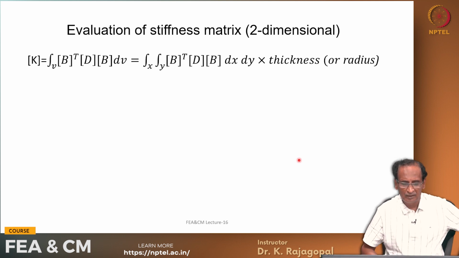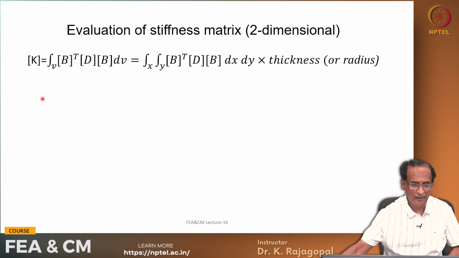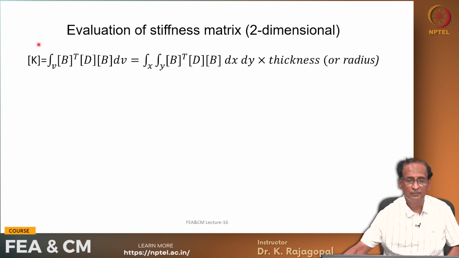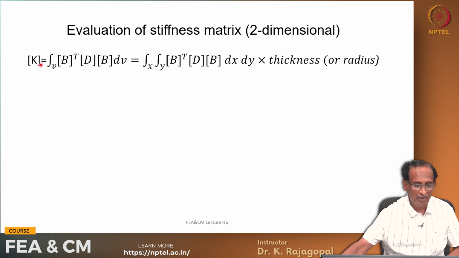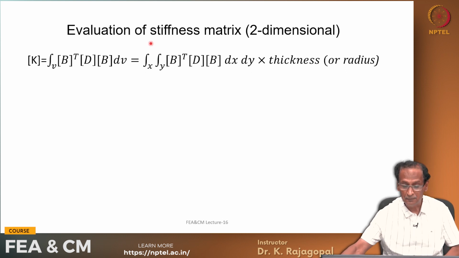And let us look at the stiffness equation once again, and look at the steps required for doing the evaluation. Our stiffness matrix is calculated as this product, B transpose D B, integrated over the volume of the element, and in 2 dimensions we will do the integration in x and y.